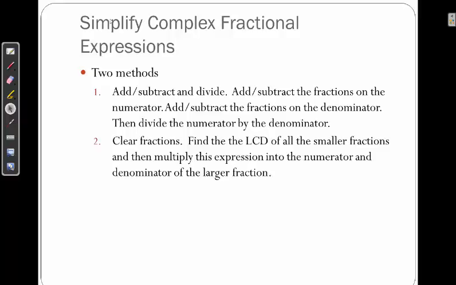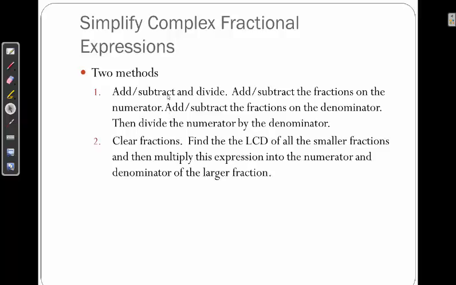So there are two general methods for looking at these. You can add, subtract, and divide. That is, a complex fraction is when you have fractions within fractions. I think we talked about them once in P2, where we had an example dealing with a numeric fraction within a larger fraction.